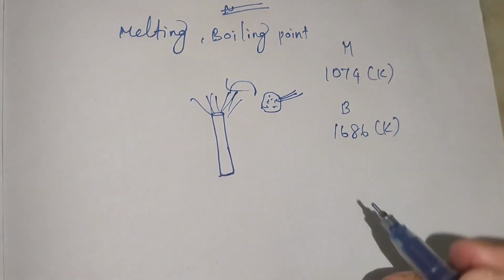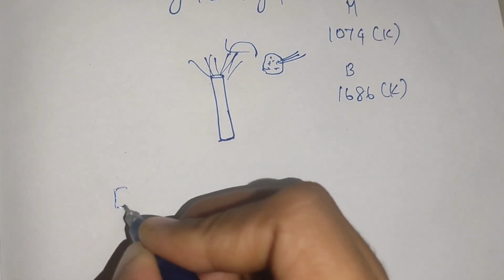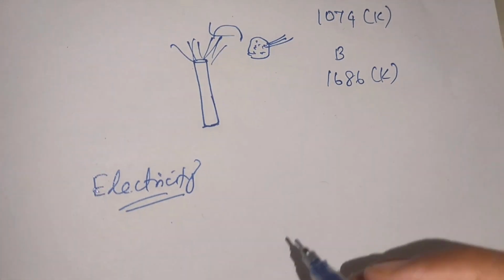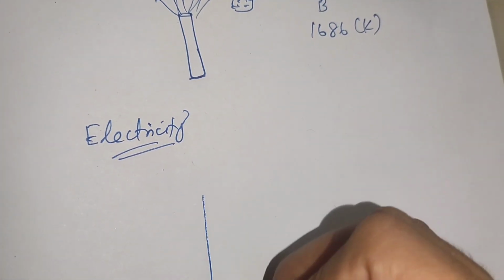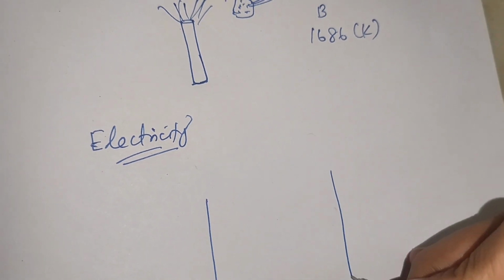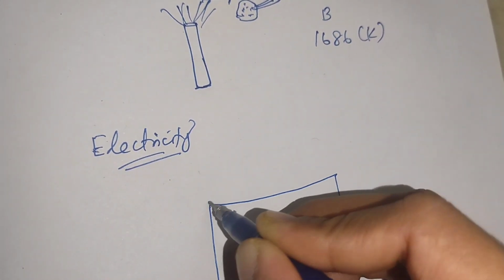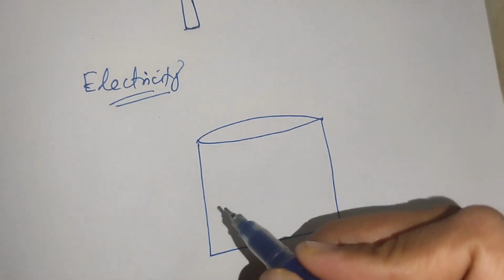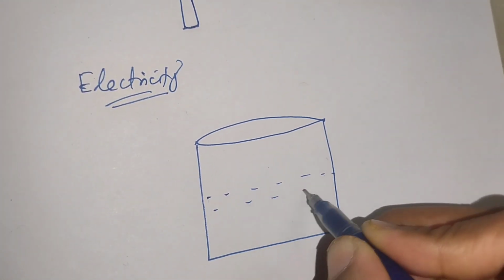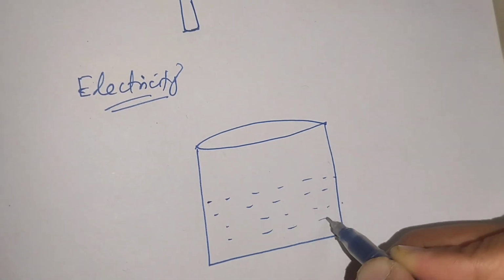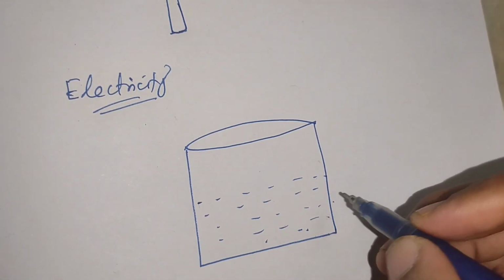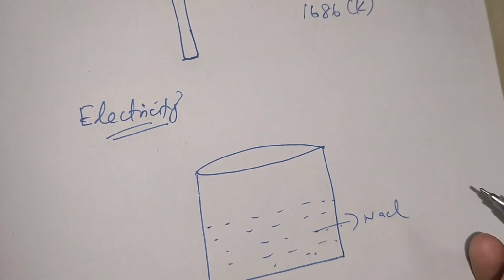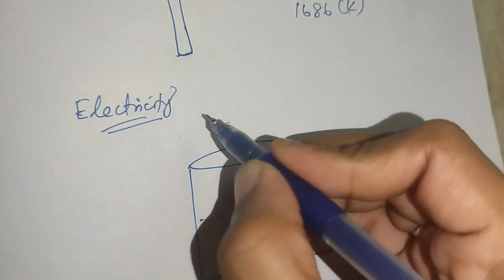Next I am going to check whether this one is conducting electricity or not. So in the beaker, I am pouring some ionic compound solution. It may be sodium chloride or magnesium chloride solution, in the form of solution. Then I am inserting a circuit here.